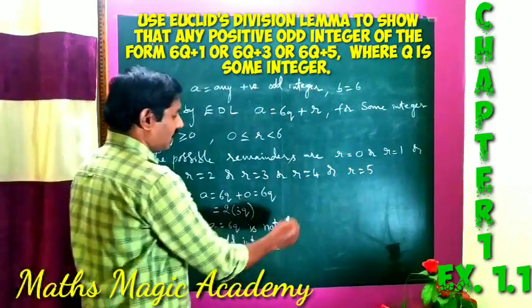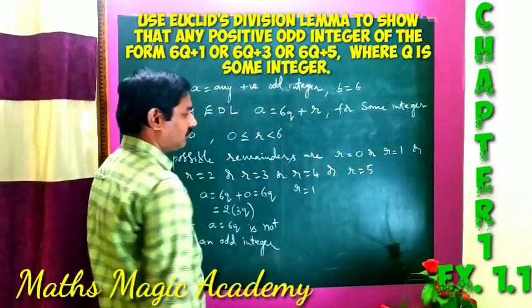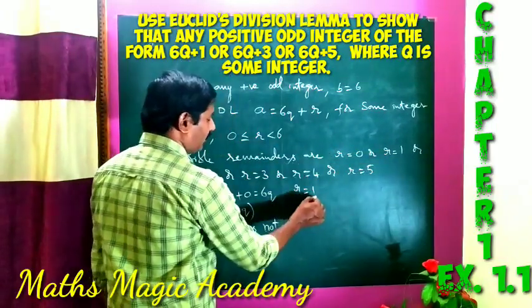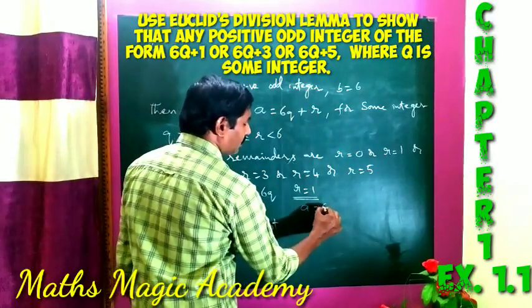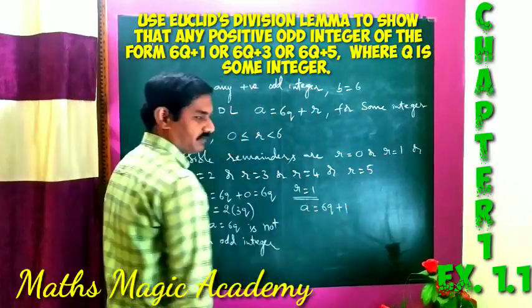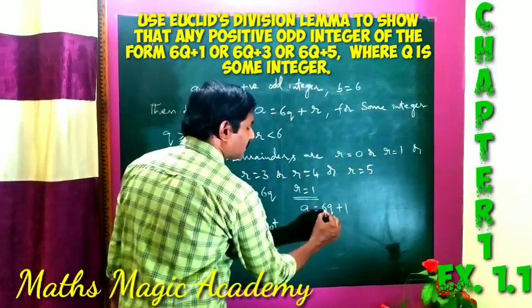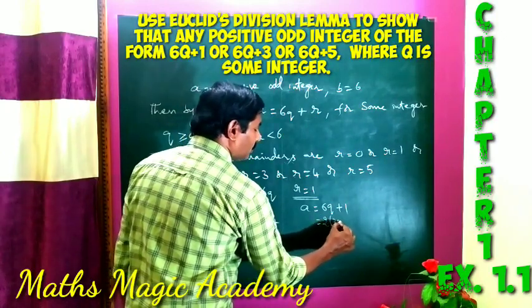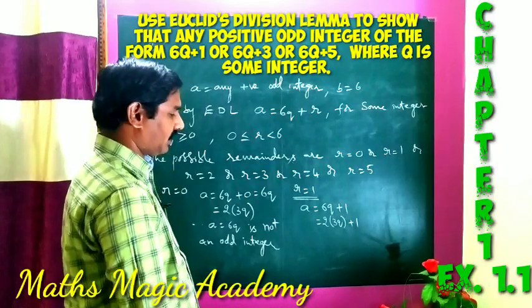Similarly, we can do that if r equals 1. r equals 0 is completed. If r equals 1, what will be the a value? a equals 6q plus 1. Now in the 6q if you take 2 common, 2 into 3q plus 1.